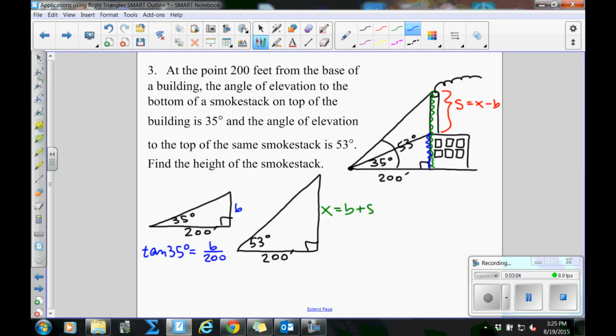Multiply both sides by 200. Use your calculator to find that the height of the building is 140 feet.